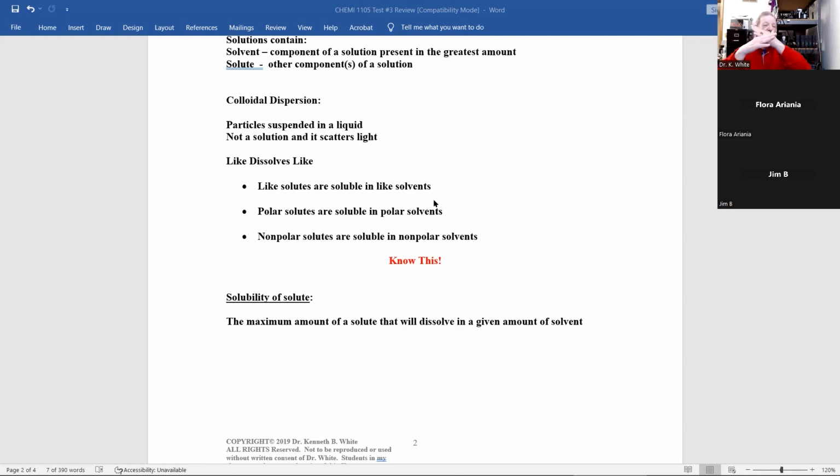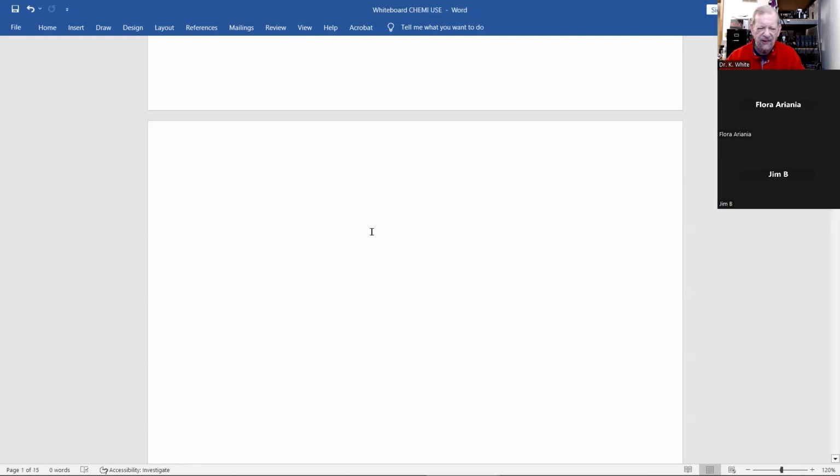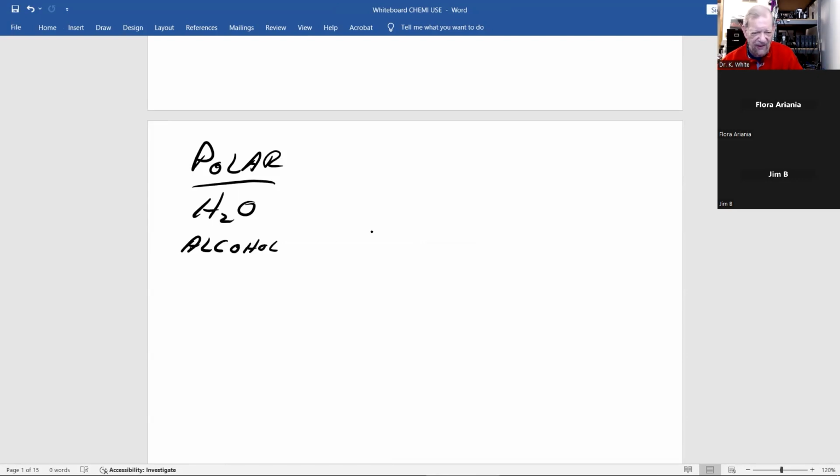And if you mix the two together, they're not. In my lecture, what's the most polar solvent? Water. Another one, alcohol, or any small alcohols, and salts like sodium chloride.